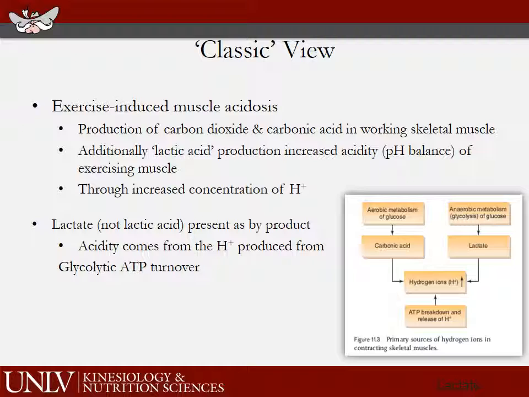The acidity comes from the hydrogen ion produced from the glycolytic ATP turnover. Here's a little depiction of a couple of these metabolic processes, the hydrogen ion from the ATP breaking down into ADP.